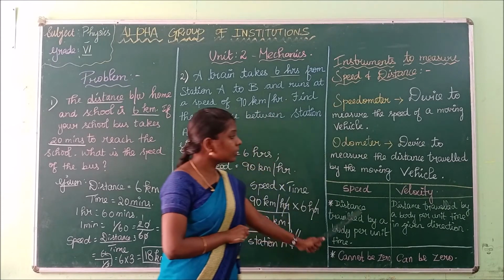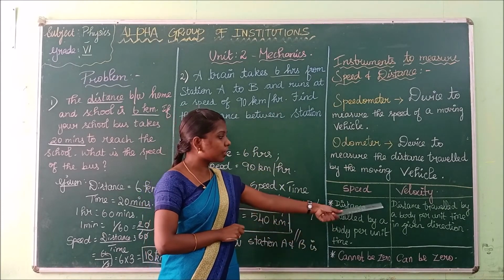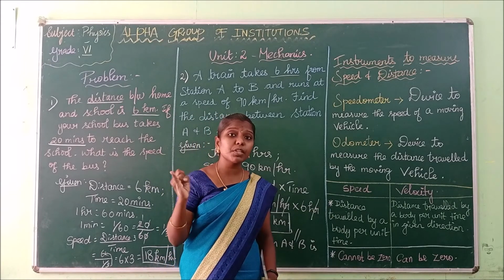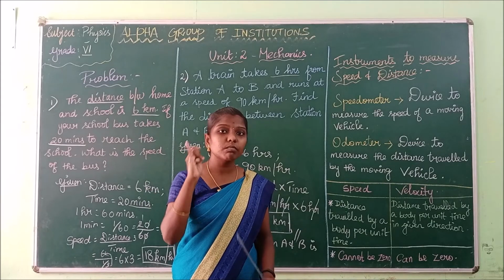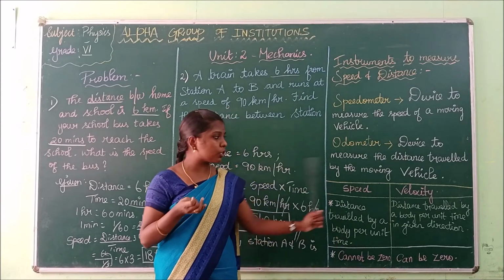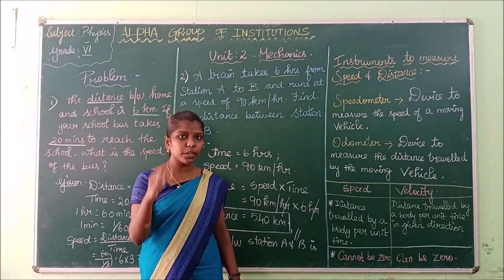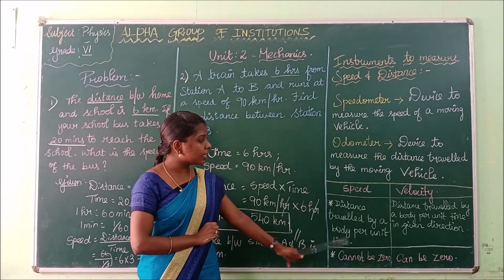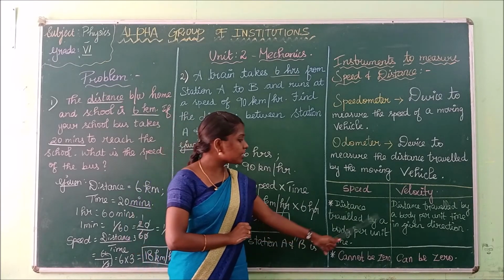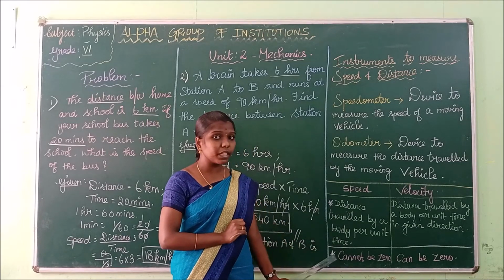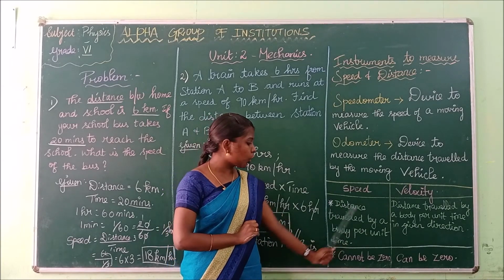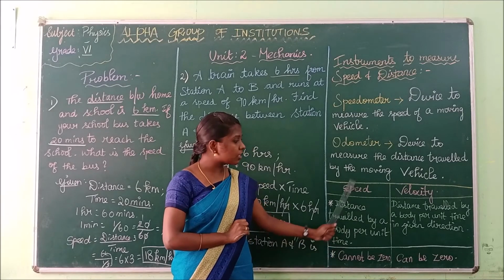Now we are going to see the difference between speed and velocity. What is the difference I have said you by teaching speed and velocity? Speed is a scalar quantity. Next, velocity is a vector quantity. Then second difference is distance travelled by a body per unit time is speed.